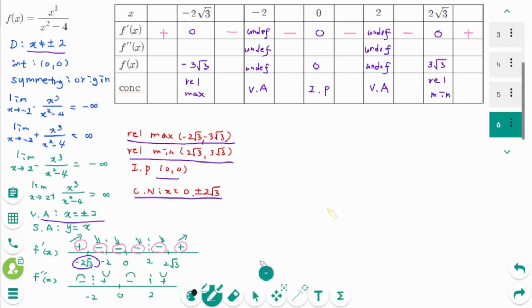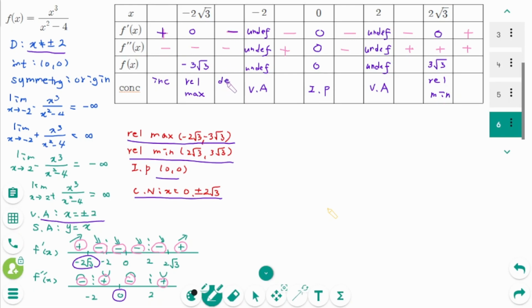F second prime of x equals 0 when x equals 0. And then negative, positive, negative, then positive. f prime of x is positive, that means increasing.